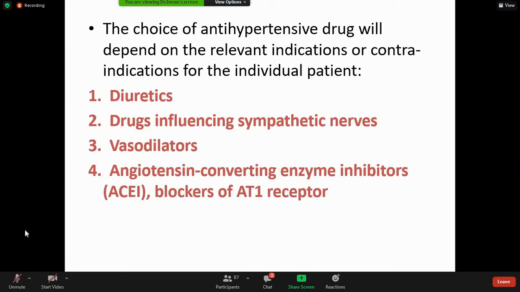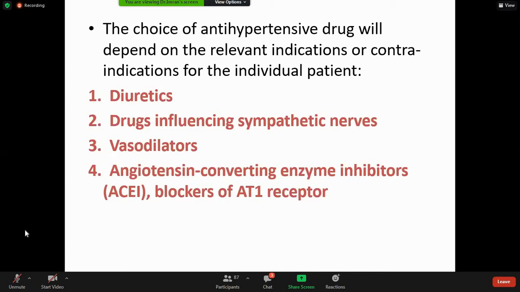But for mild to moderate hypertension, which group do we use to control blood pressure? Thiazide diuretics. This is an important point. But in severe hypertension, we can use a powerful diuretic group that is labeled as the loop diuretics.